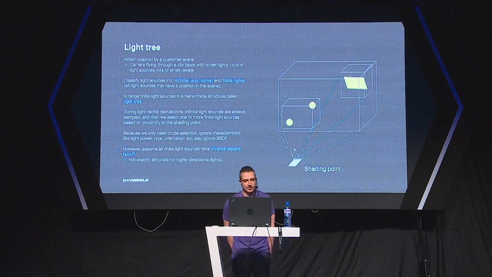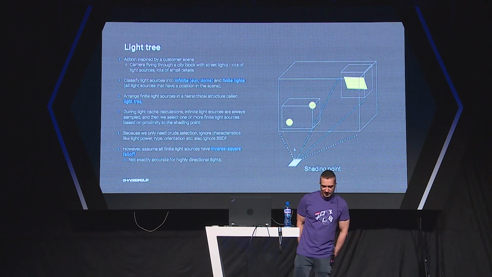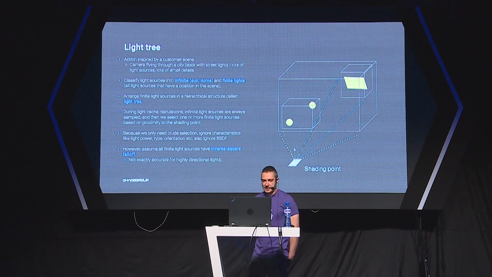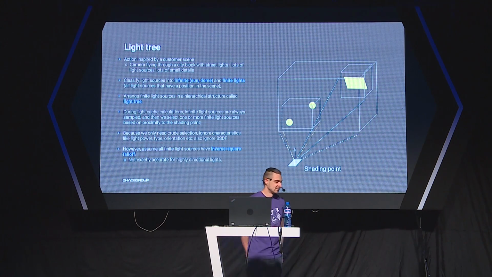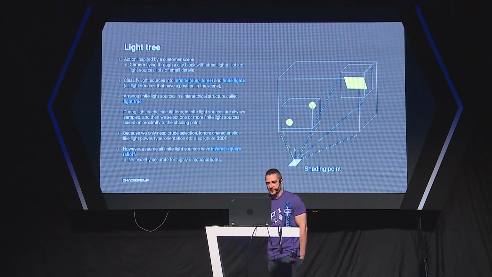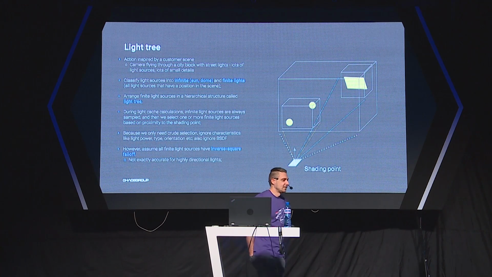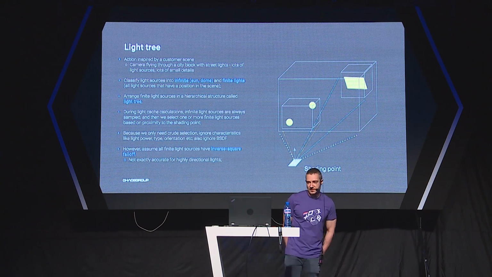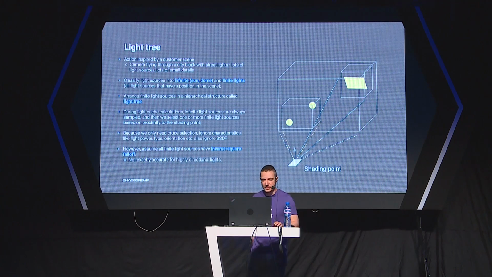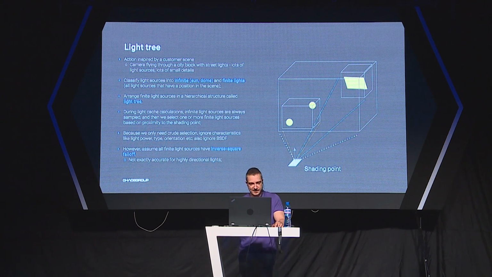We don't care about how bright the light source is, what type of light source, orientation, and so on. And we also ignore the material at the shading point, so we just assume that it's some kind of diffuse material. Like I said, it works fine because we don't need an accurate estimate for this. We just need to sort of pick closer lights more often than other light sources.